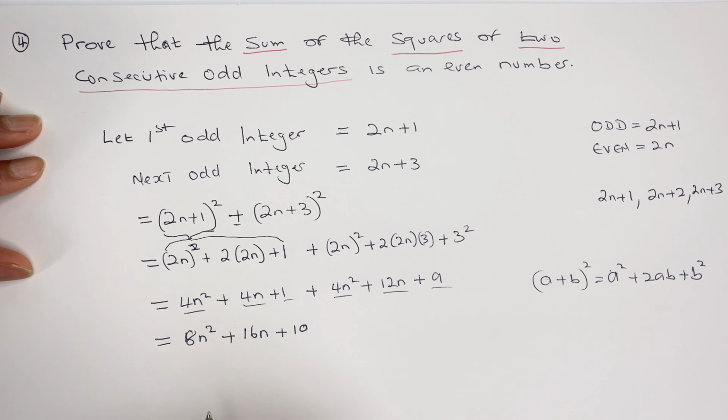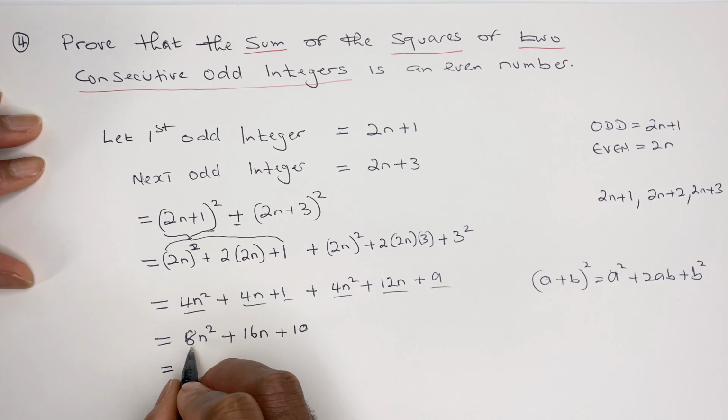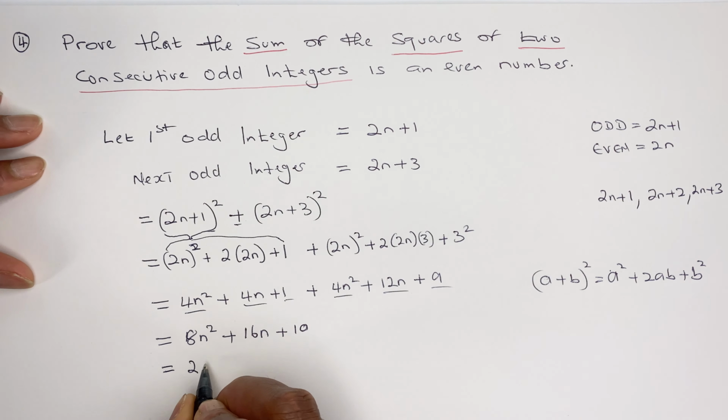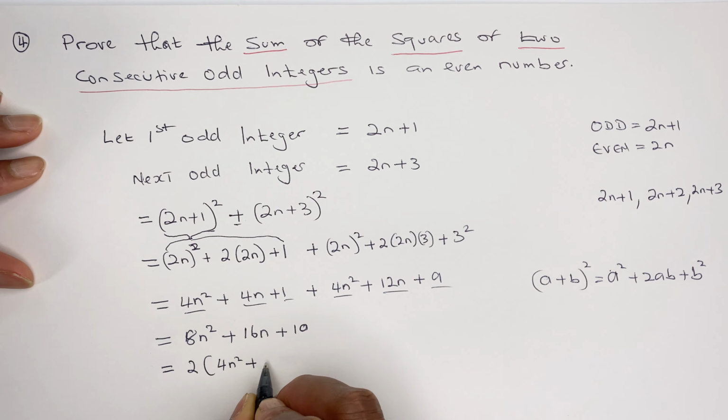At this point, I would have noticed that 2 is a common factor here. Taking 2 out, I will get 4n squared plus 8n plus 5.